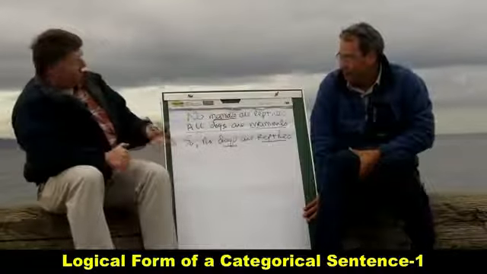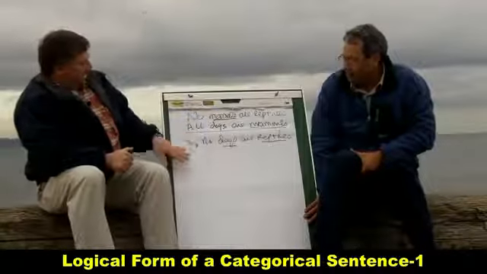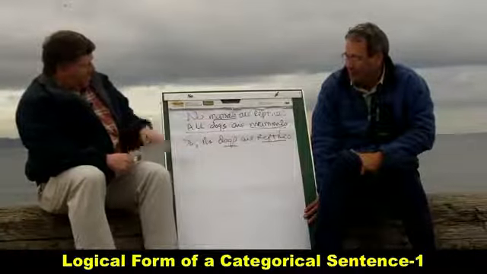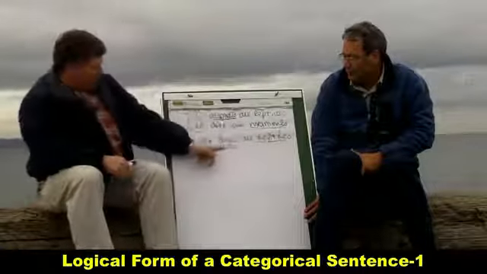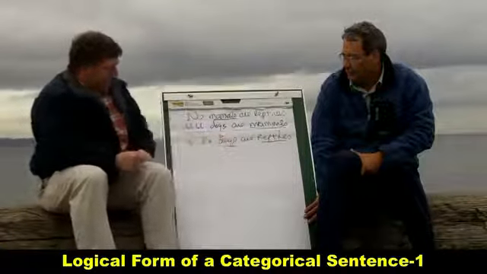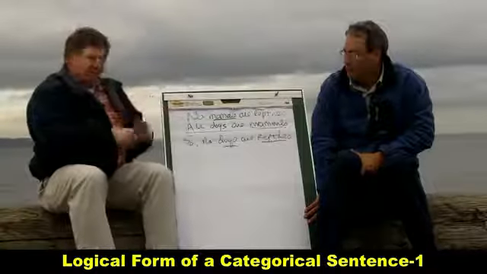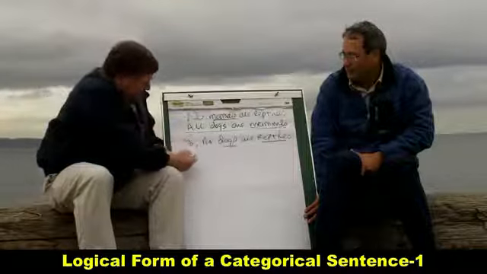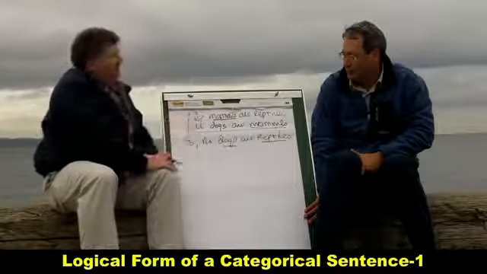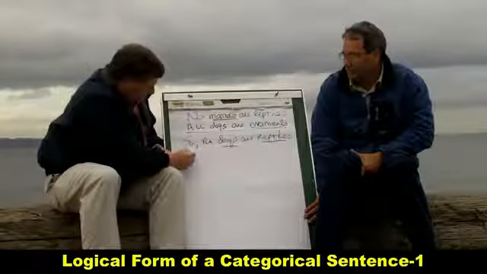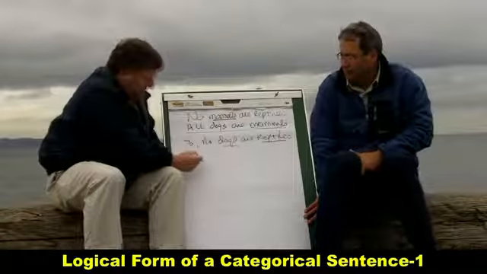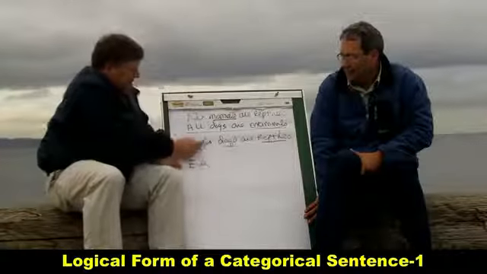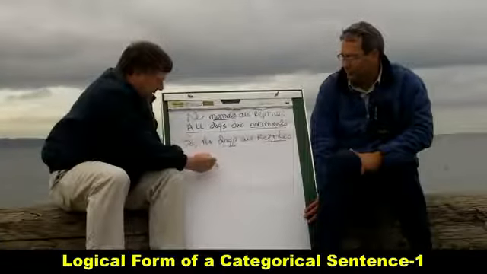Okay. So this categorical syllogism has a middle term, mammals, a major term, reptiles, a minor term, dogs, and it has what we call a logical form. So the form is, it starts with an E sentence, doesn't it? So the form is that it's an E sentence, and then this is an A sentence, and then this is another E sentence.